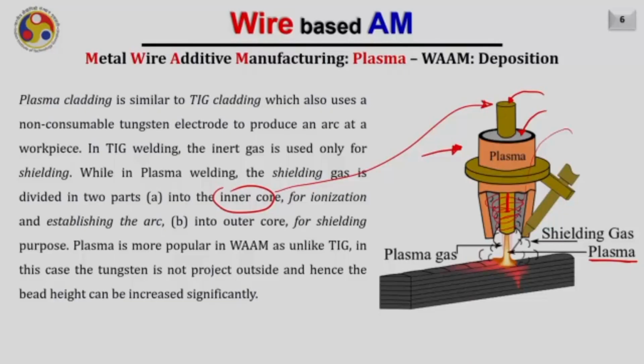There are a few more reasons apart from the tungsten being projected outward, but I found this is the major reason why plasma is used in WAAM. As the working principle is quite similar in plasma and TIG, they both use a non-consumable electrode, and their process parameters and other related things are quite similar, so we are going to use these terms interchangeably in our further discussions.